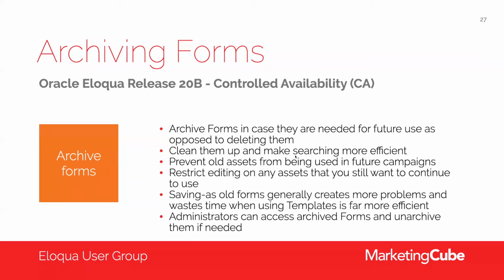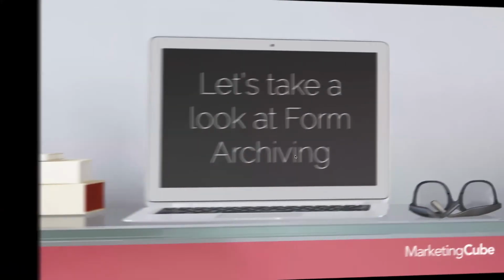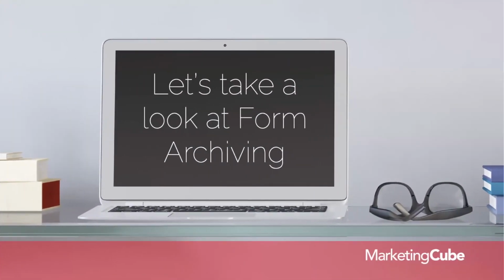So it just removes the mess essentially. But deleting of forms is never really a good idea. Eloqua doesn't charge you for space, so you don't have to worry about it from that point of view. And sometimes it is helpful to be able to go back to a form, because remember, form submission data is always held in the form, so it's valuable to be able to go back and have a look at. But let me show you what this looks like. It's as I said, it's pretty simple.